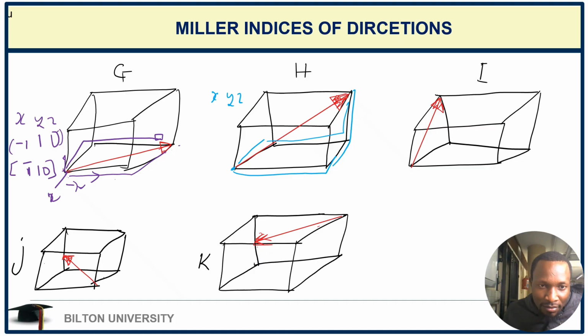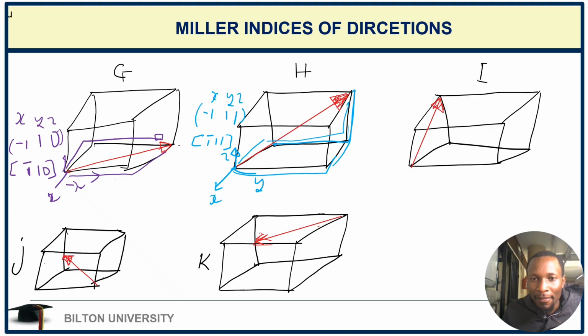This is our origin, remember. So this is our x, this is our y, and this is our z. I have moved minus 1, 1 full length in the minus x direction because I'm going backward. Reaching this point, I've moved 1 full length in the positive y direction, so 1. And also I've moved 1 in the positive z direction, and that is 1. So I can close the bracket and write bar 1, 1, 1. So this is the notation for H.